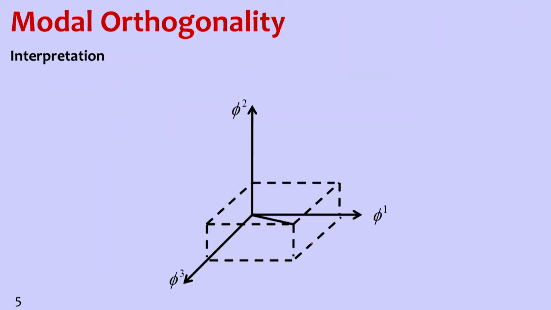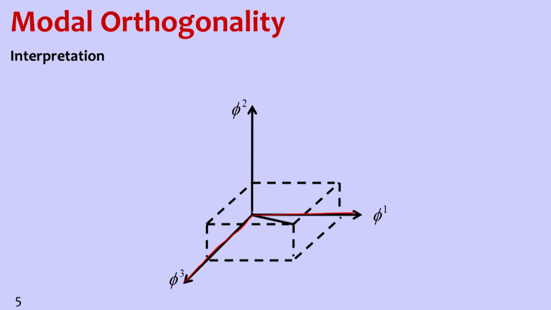So how do we represent that? Say we write phi 1, phi 2 and phi 3 here, and write these terms as x, y and z, and represent the modal vectors in the coordinate system.